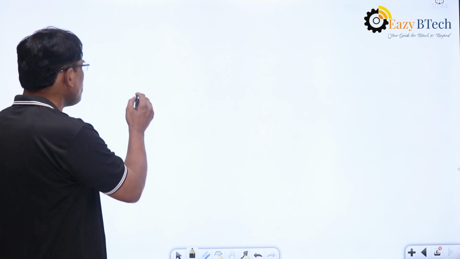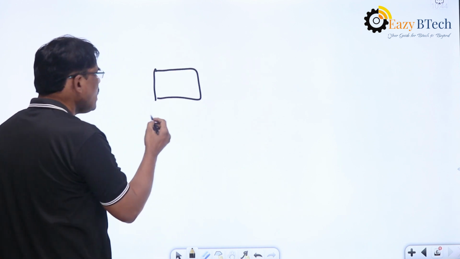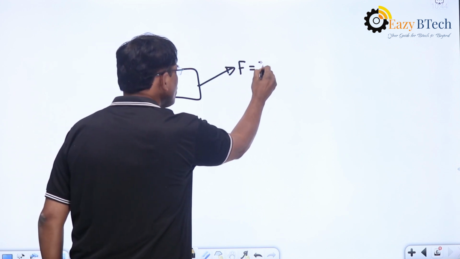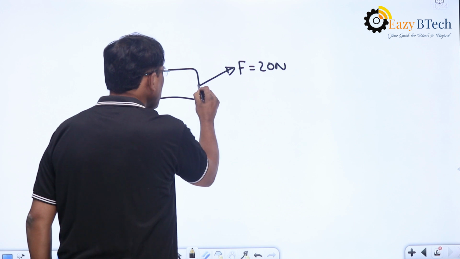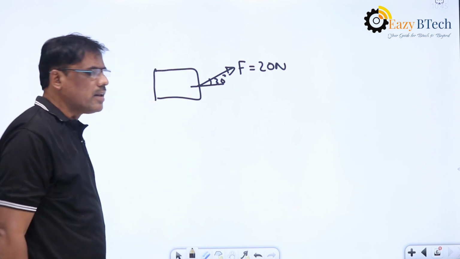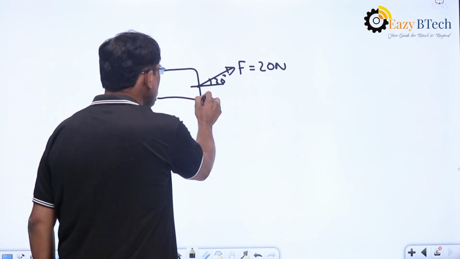Let me take one example. Let us say there is a body and a force of 20 Newton is acting at an angle of 30 degrees with a horizontal line, acting at a point A here.